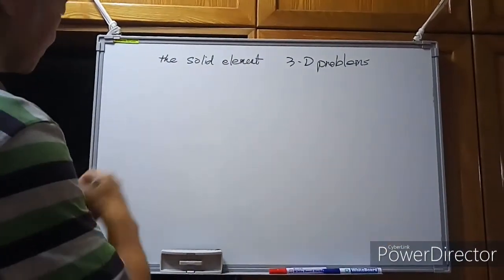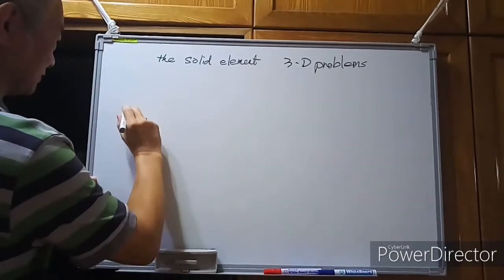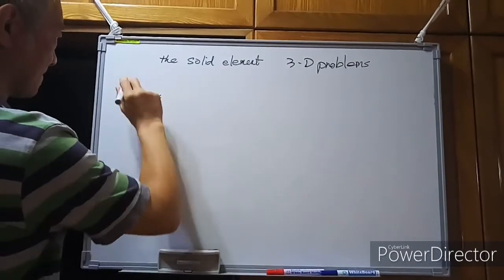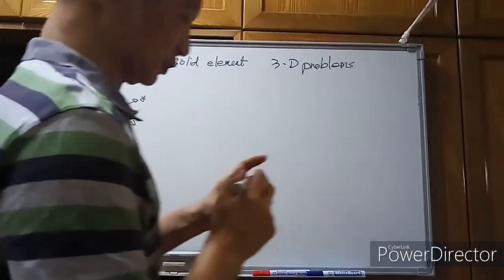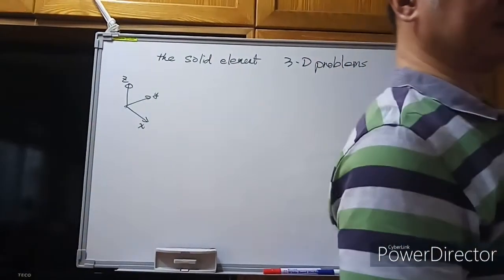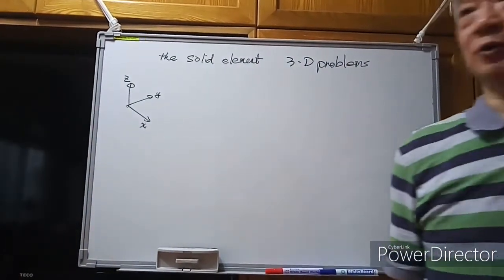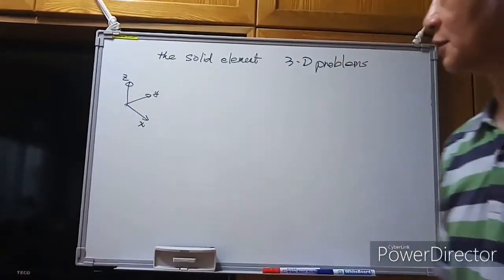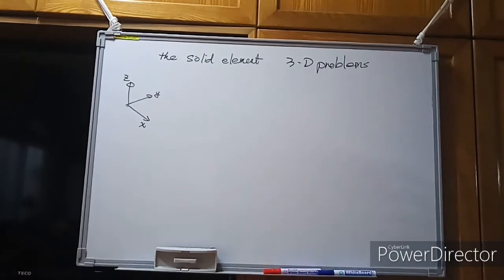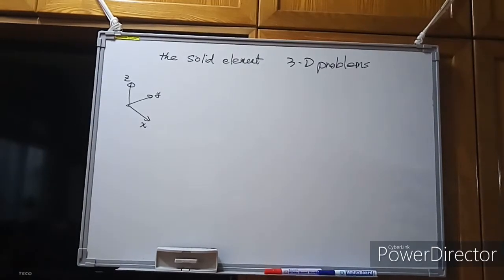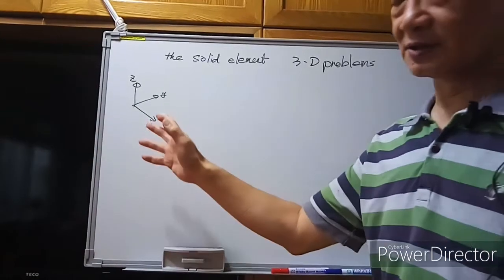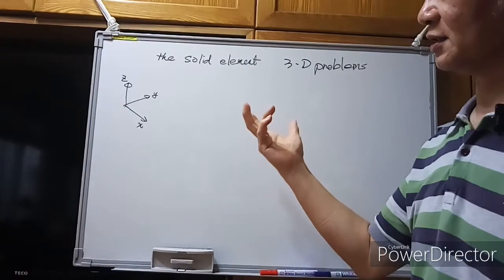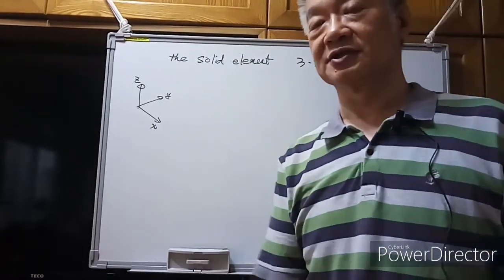So the coordinate system: the user needs to define a set of 3D coordinate system. Usually we use the x, y, and z directions. After the user defines the coordinate system, he needs to define the elements. He needs to define the nodal points used by this problem.